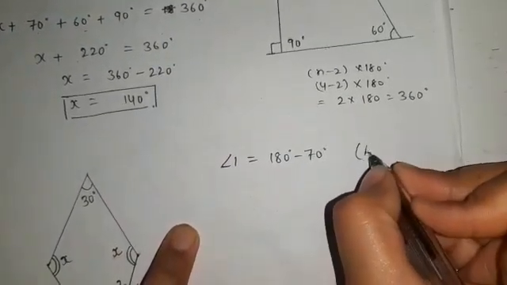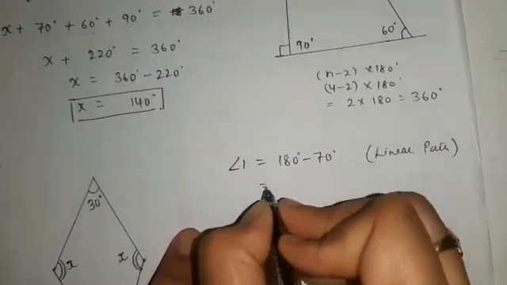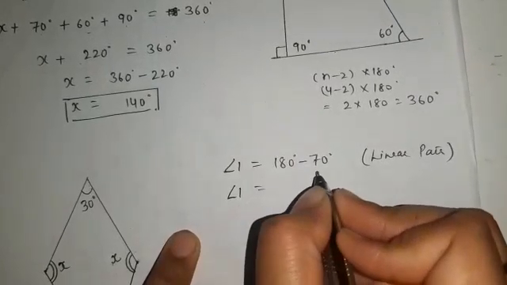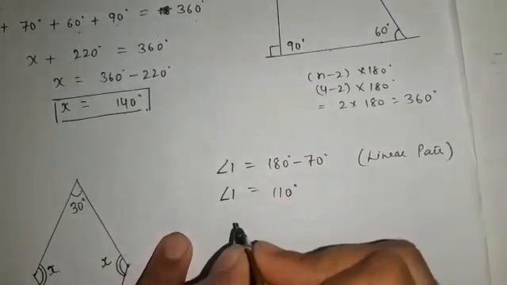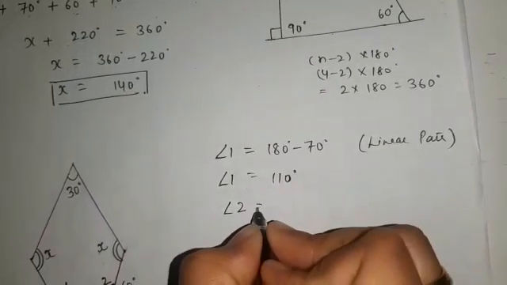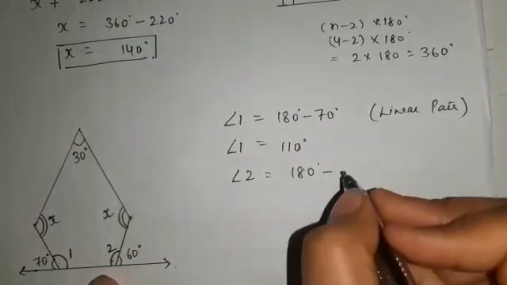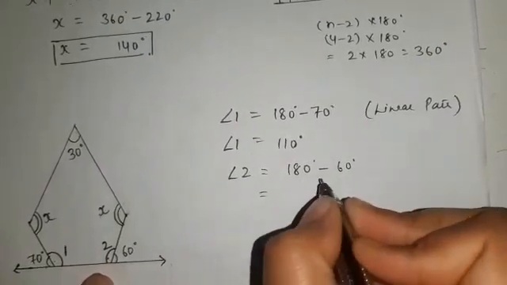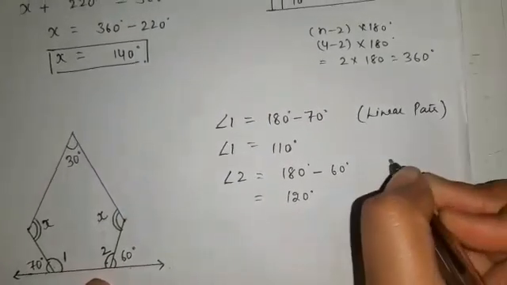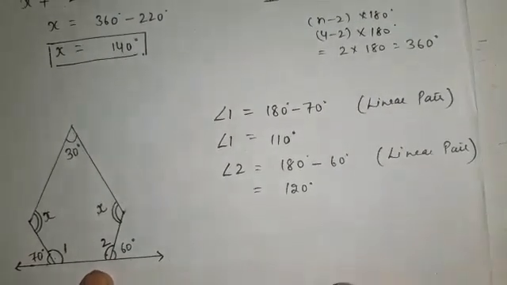And the reason for this is they are making linear pair. So 180 minus 70 is equals to 110. In the same way we will find out angle 2. Angle 2 is equals to 180 degree minus 60, and 180 minus 60 is 120 degree, and the same reason, they are in linear pair.